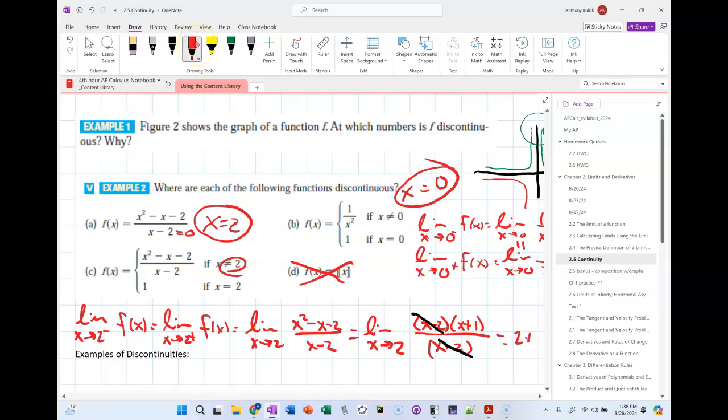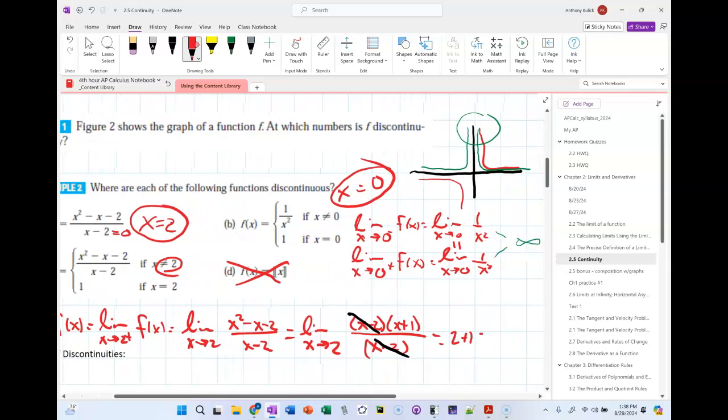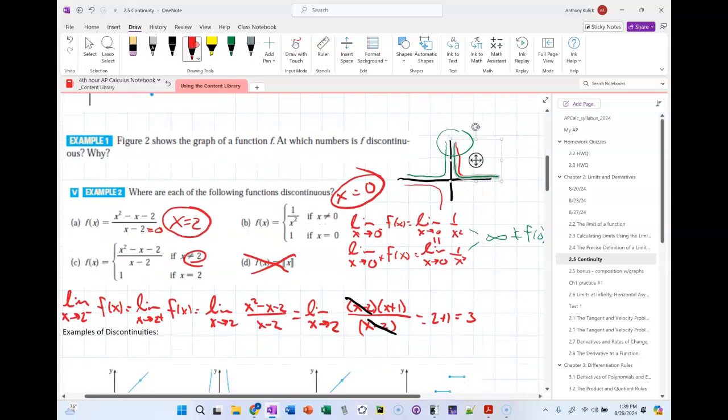And now we get a place where we can direct substitute. And I notice that that is not equal to f of 2, which is 1. So yes, x equals 2 is also a discontinuity.